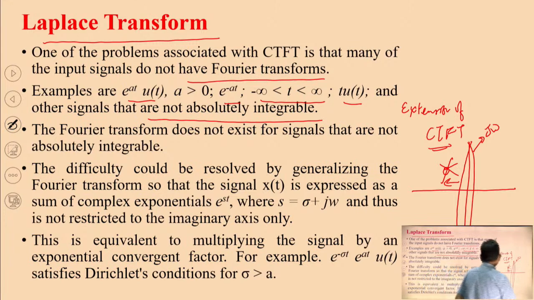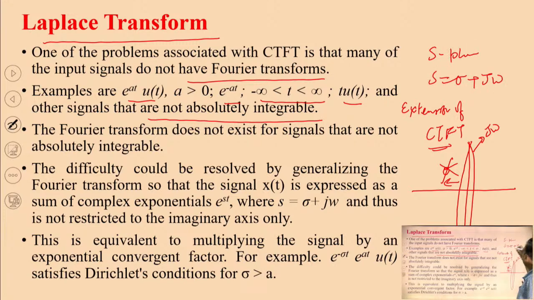So we are checking the signals for absolute integrability on the j omega axis, but in case of Laplace transform, we have changed the definition. Rather than taking j omega, this transform uses the S plane, where S equals sigma plus j omega, where sigma is the real part and j omega is the imaginary part.